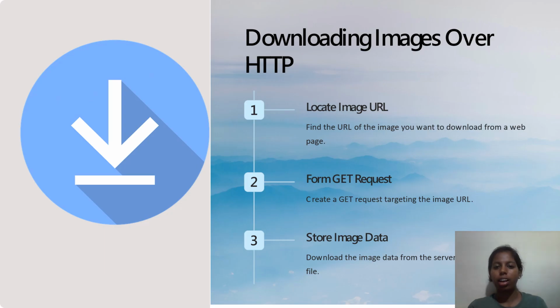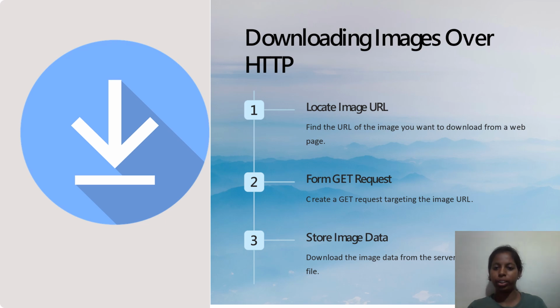Now let's see how to download images over HTTP. There are three steps to download images over HTTP. The first one is to locate the image URL. In a website, first we have to locate where the image is present. Find the URL of the image you want to download from a page. We have to know the exact location of the image in that URL on the website.